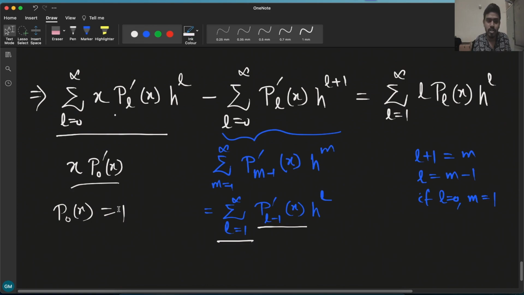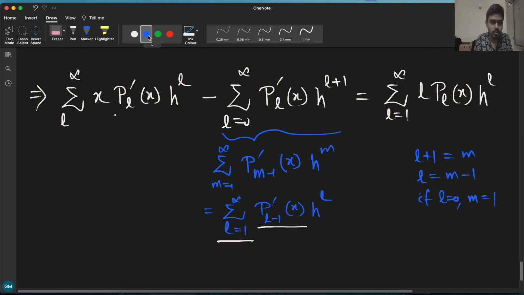If there is a constant term, then the derivative means the rate of change, but it is a constant, it is not changing, so its rate of change is 0. So the L equals 0th term in this summation is also 0. So I can start it from L equals 1, and now we are done.